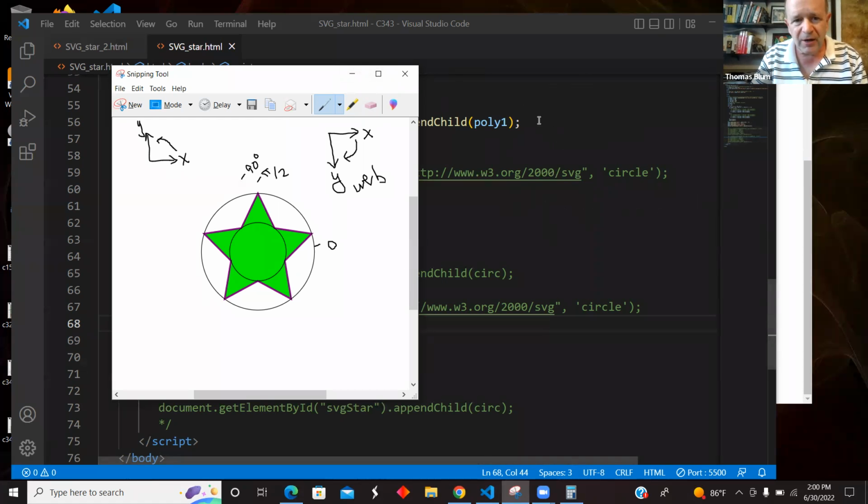Now I want to talk about a special case. A lot of the stars that you will see, say in a flag, have a special case where these two lines are horizontal.